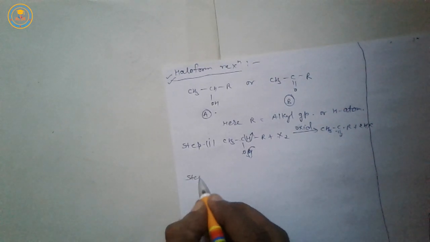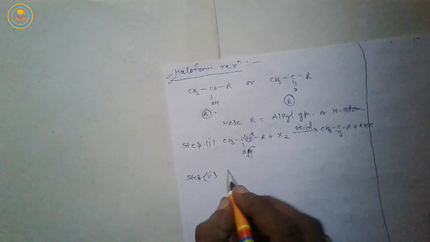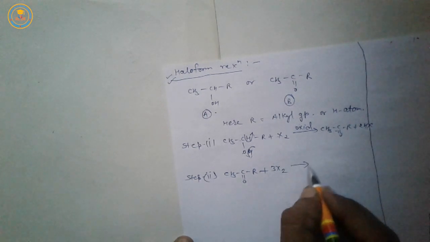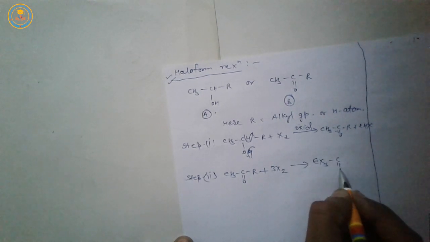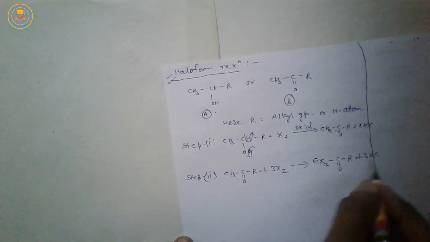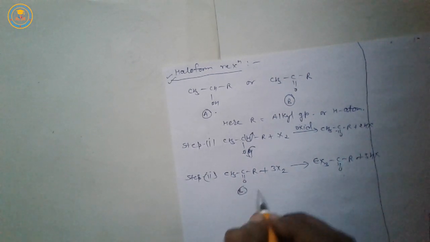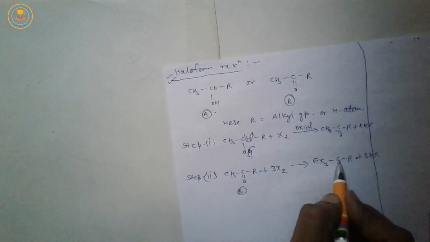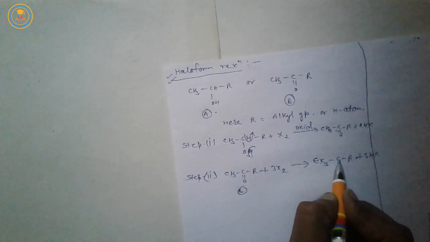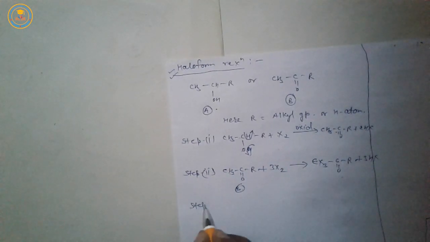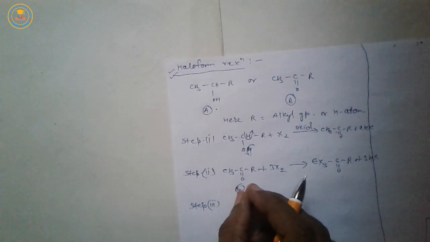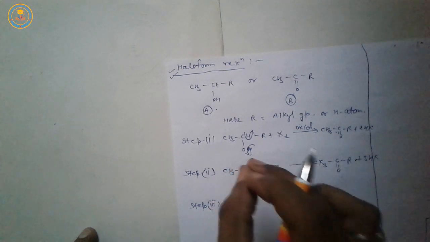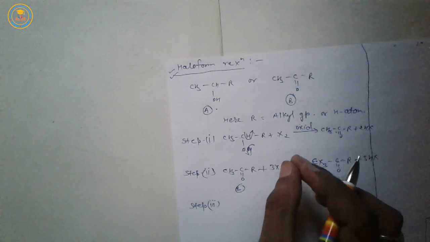In step second, here compound B again reacts with X2, then its trihalo derivative is formed. In step third, the trihalo derivative reacts with a base like NaOH, after removal of sodium salt of carboxylic acid, haloform is obtained.